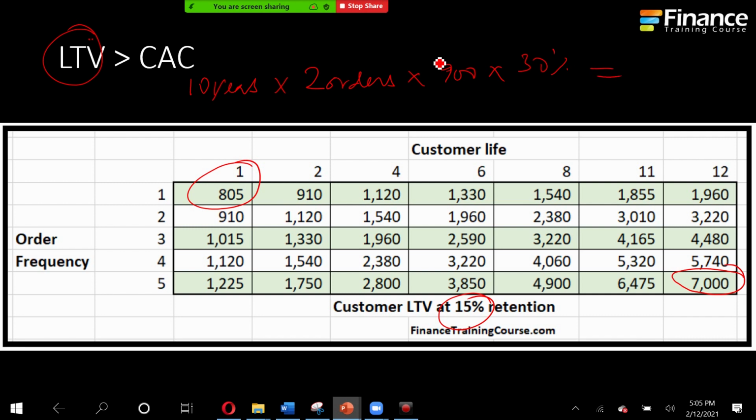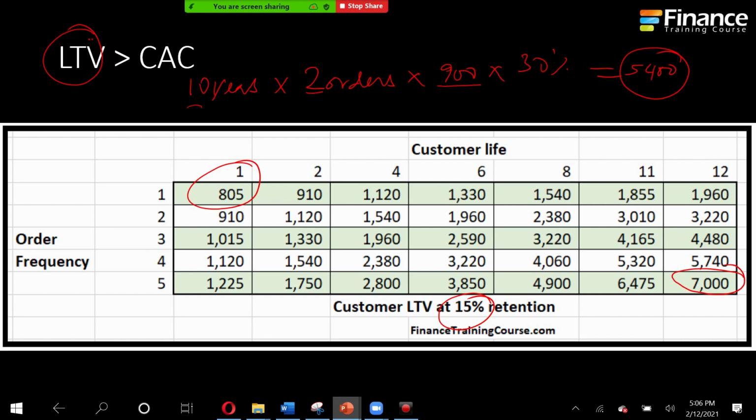Then when you multiply all of these factors, you get 10 into 2 is 20, into 900 is 18,000, into 30% is 5,400. Does that make sense? Yes, it does. Thank you.